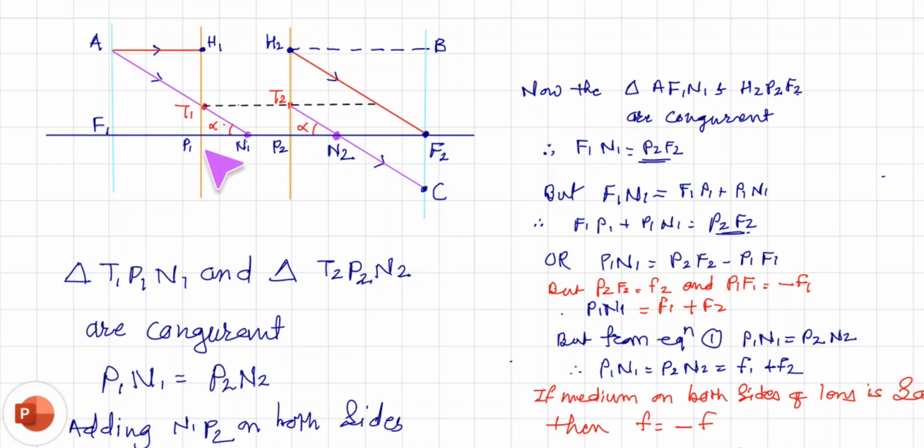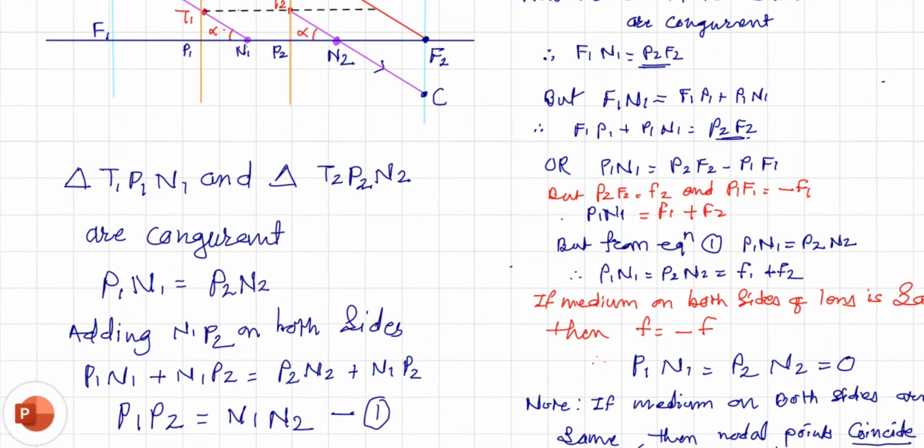Now we are going to add this P1 N1 plus this distance, so it will become P1 P2. Similarly, we add P1 N2 plus this distance, so that will become equal to this P1 P2. Obviously that will be N1 N2.